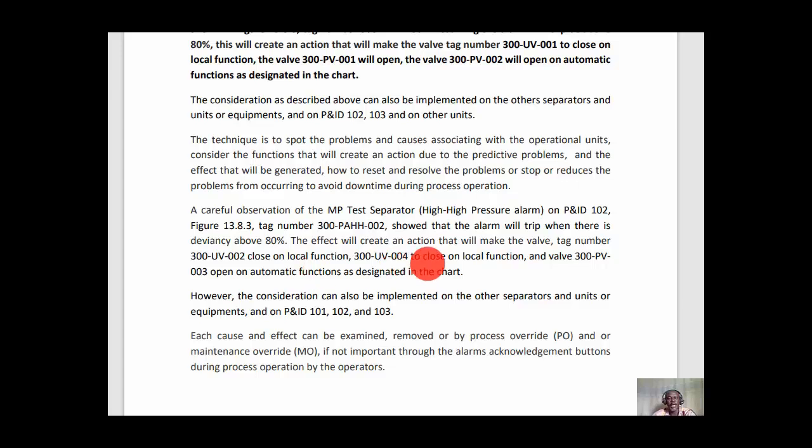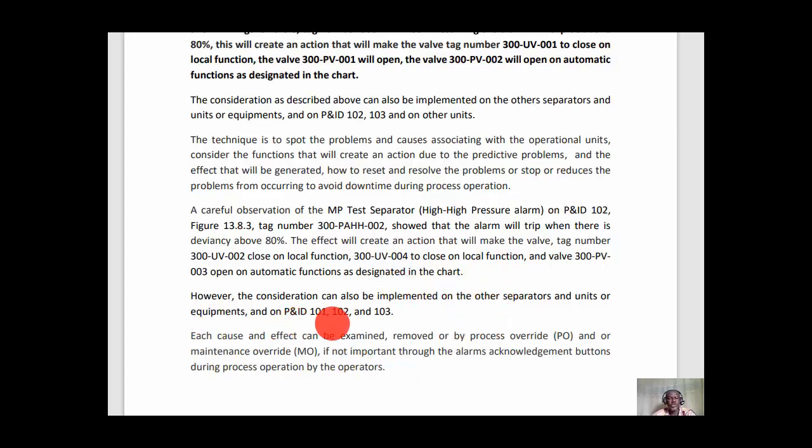The effect will create an action that will make the valve tag number 300-UV-002 close on local function, 300-UV-004 close on local function, and valve 300-PV-002 open on automatic function as designated in the chart.